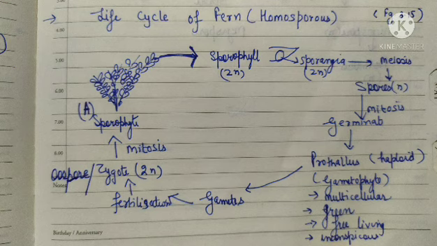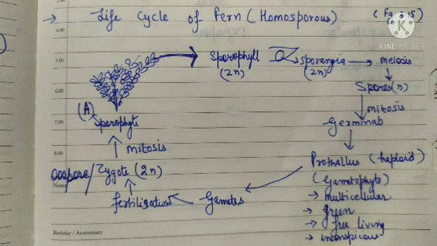So this is the sporophyte. Starting from figure A, you are observing the sporophyte, that is a diploid structure, and this sporophyte has a special leaf that is referred to as sporophyll, and on the sporophyll there will be sporangia.